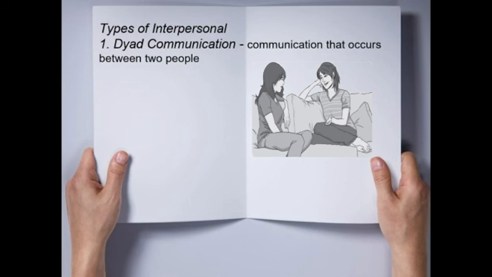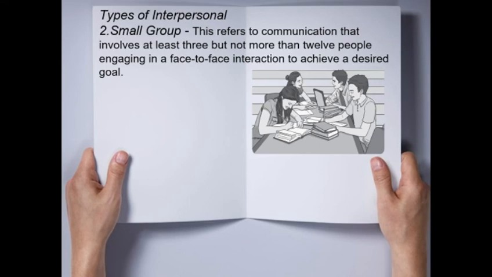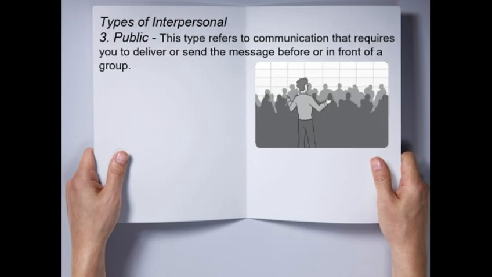Next, the types of interpersonal. We have the dyad, communication that occurs between two people. Another type is the small group. This refers to communication that involves at least 3 but not more than 12 people engaging in a face-to-face interaction to achieve a desired goal. So small group is working together with other people in collaboration.